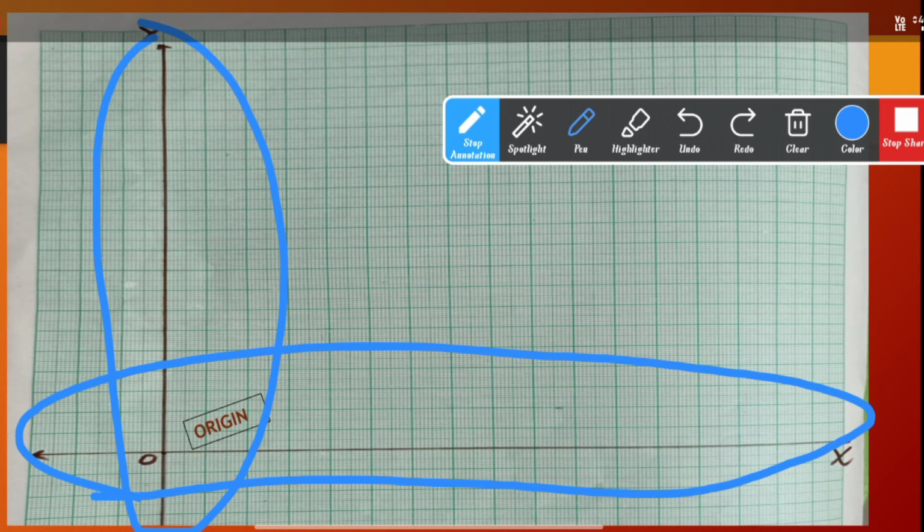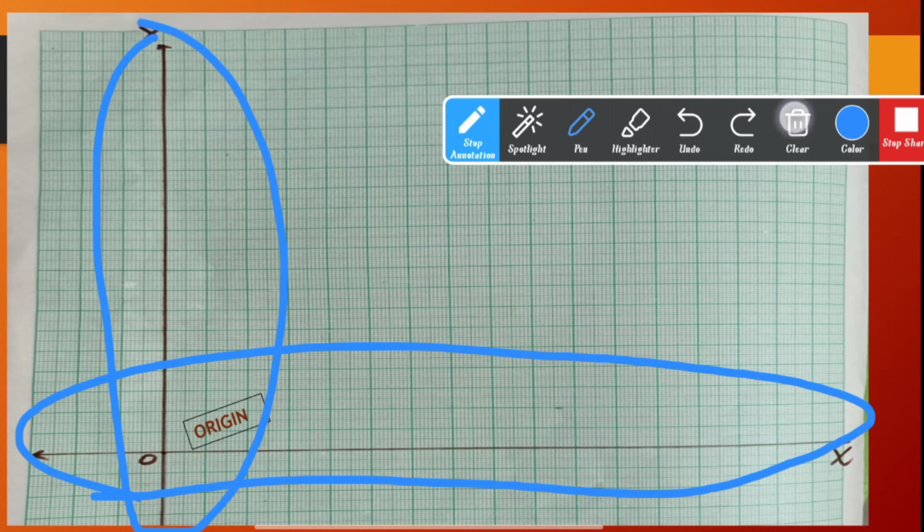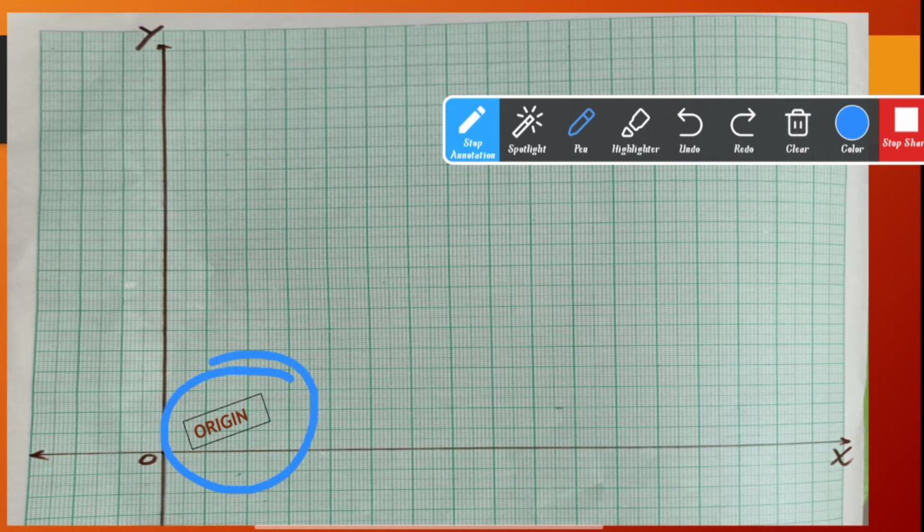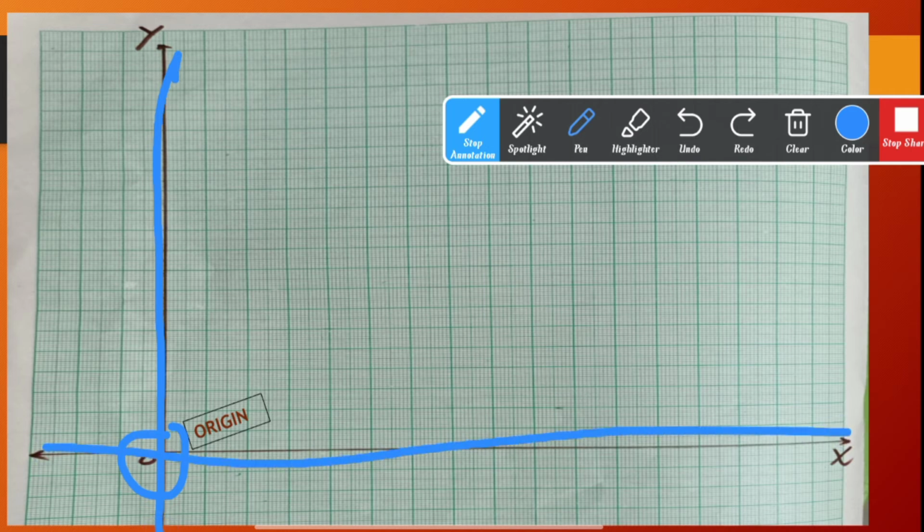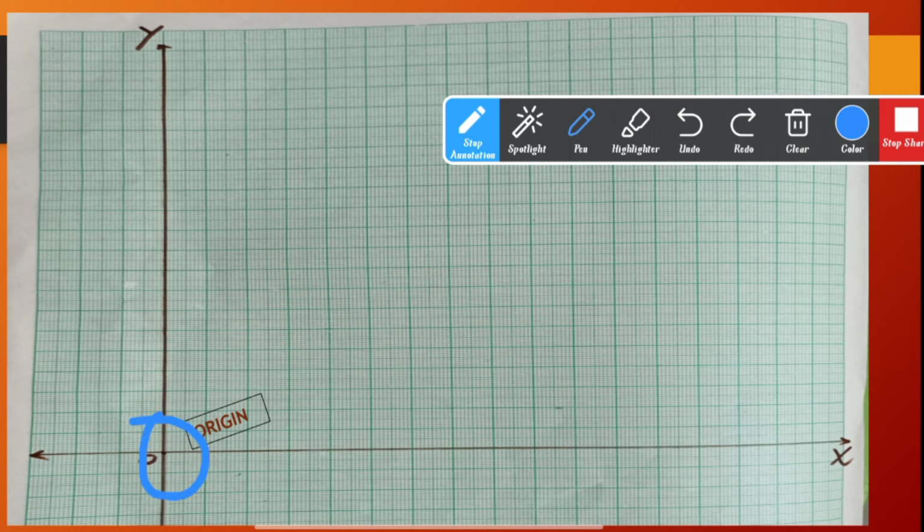And here you are able to see one point, O. This point is the point of intersection of the axes. It is the meeting point of the x-axis and y-axis. It has a specific name. What is that? Origin, O-R-I-G-I-N. We have already discussed in basic geometrical ideas that points are represented by capital letters. So what is meant by origin?